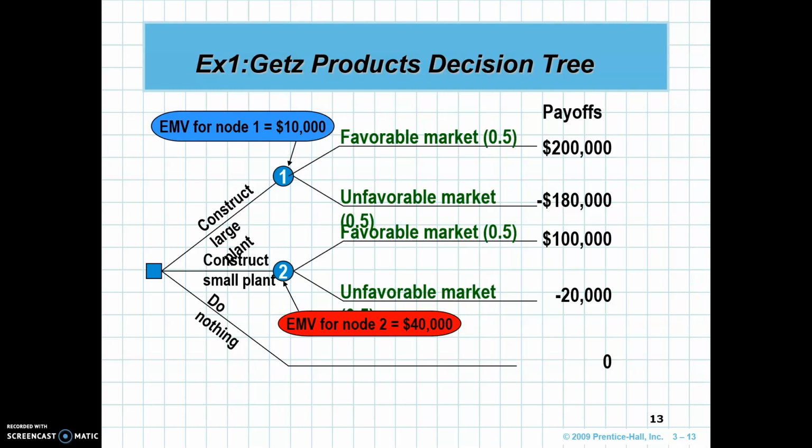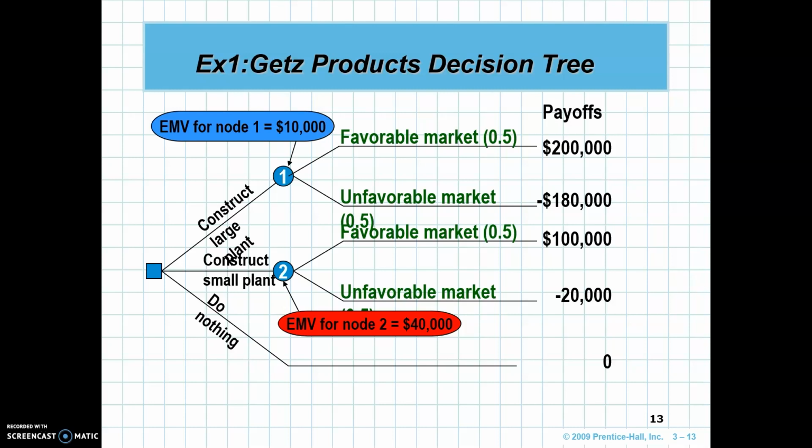Similarly for this example as well, we have two market states, favorable market and unfavorable market, and the probabilities assigned are 0.5 and 0.5 for constructing a large plant. If you are doing nothing, then there will be no market. I mean, you'll be getting a zero. That's why I haven't written favorable market or unfavorable market. But in case of constructing a small plant, again, there are two states, that is favorable market and unfavorable market, right?